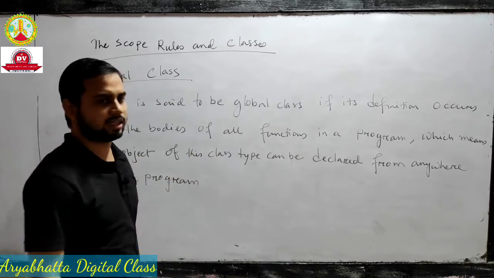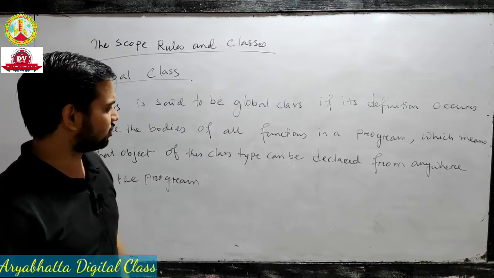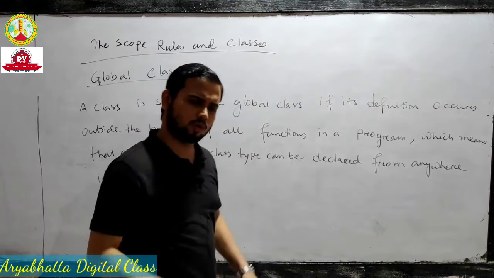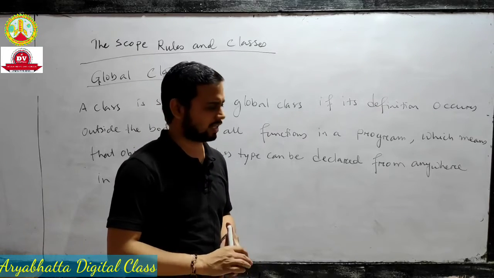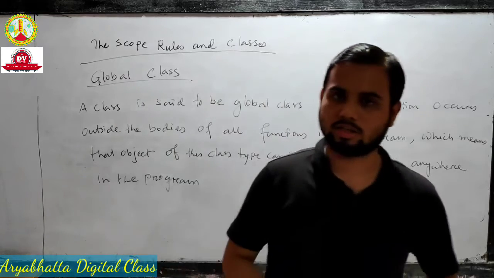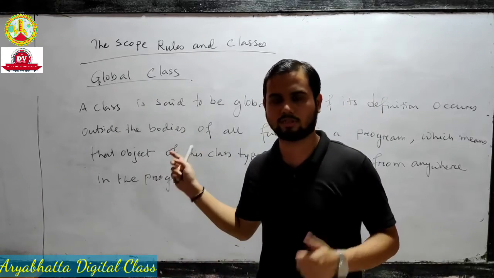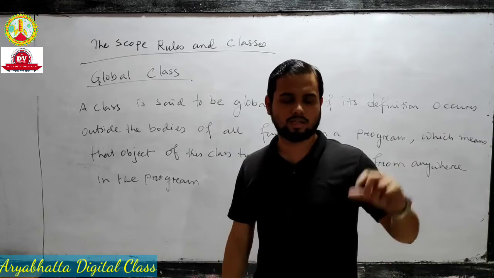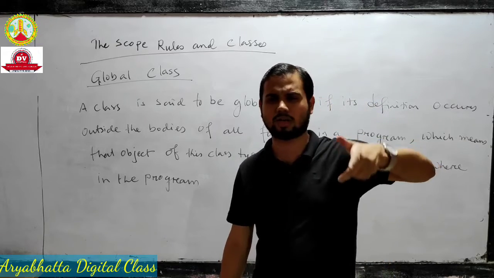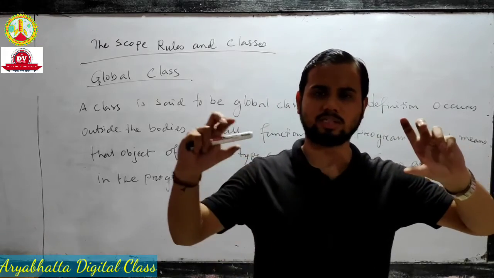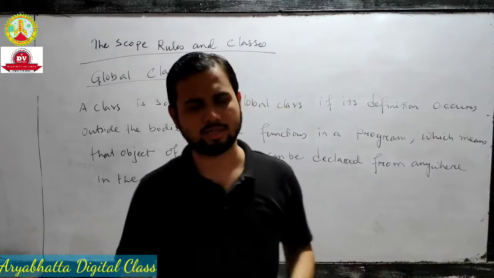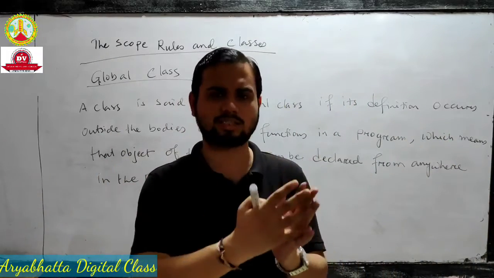Your object can be declared anywhere, and actually the object is always declared under the main function. An object cannot be declared inside a class. I wrote the class program in the previous class. You see what the class name is? I hope you remember, item, and the object is what? Object order.